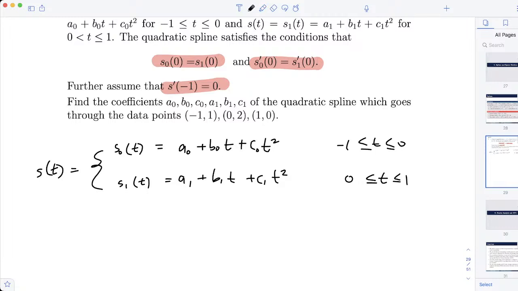Key thing to point out is this doesn't tell us S0 or S1, but since this is dealing with the point at t equal to -1, then obviously S0 is equal to 0. And similarly, all of these points over here give us conditions, right? So the first point tells us that S at -1 is equal to 1. The second point tells us that S at 0 is equal to 2.